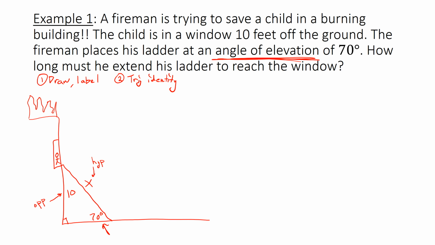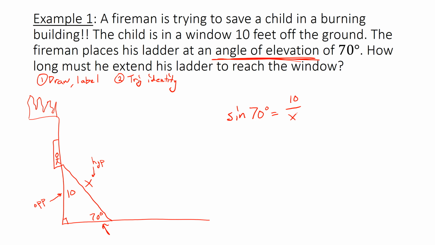That trig identity would be sine. So in this problem, sine of 70 degrees is going to be the right ratio to encapsulate the known quantity and the unknown quantity. Since sine is opposite over hypotenuse, in this case, I'm going to do 10 over x.